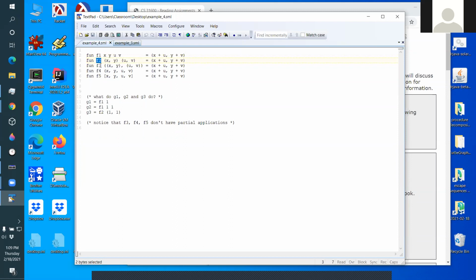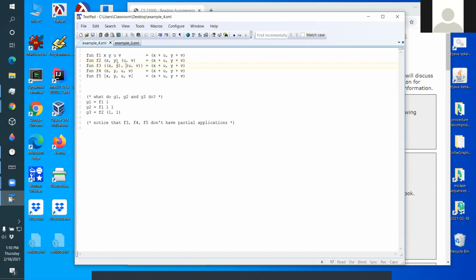Now, this is leading into what we're going to start talking about, pattern matching. This is a different pattern than that. F1 has one input pattern. F2 has a different input pattern. F1 takes in 4 ints. F2, its input pattern is 2 pairs of 2 ints each. Okay.